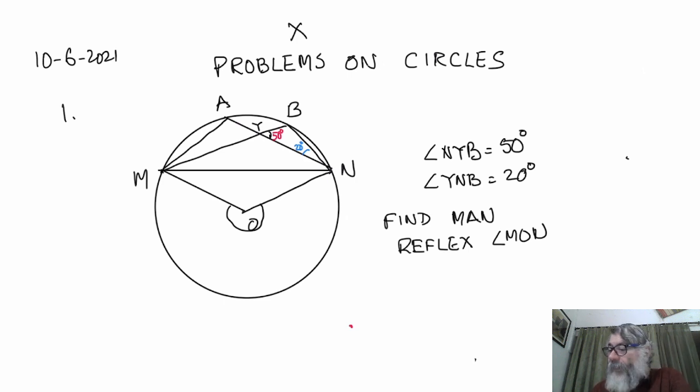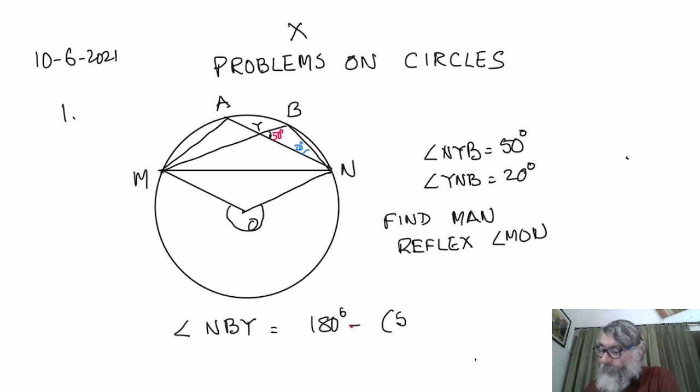So I'll calculate the third angle of the triangle, angle NBY, which will be 180 minus (50 plus 20). So it will come out to be 180 minus 70 degrees, which will come out to be 110 degrees.